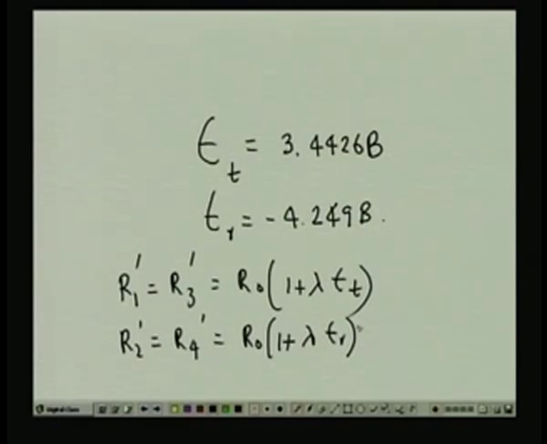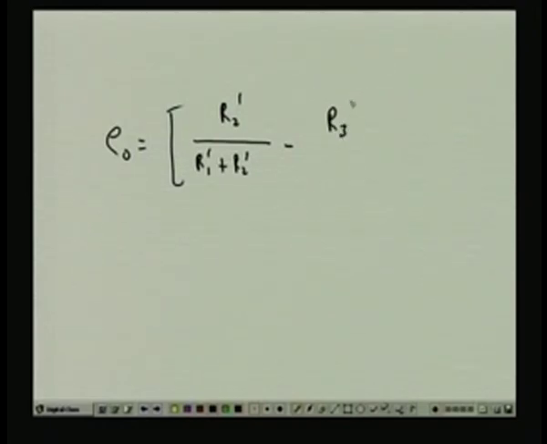So, the unbalanced voltage will be given by E naught equal to R2 dash by R1 dash plus R2 dash minus R3 dash upon R4 dash plus R3 dash, excitation Ex.